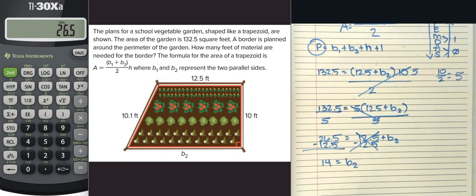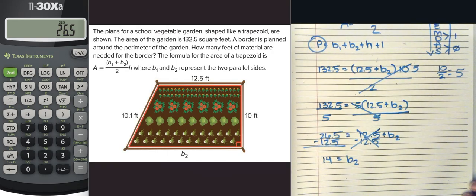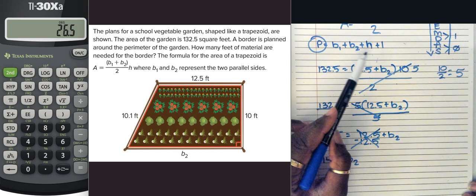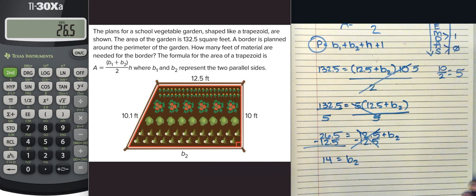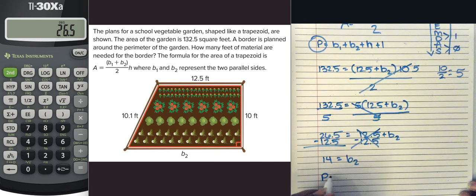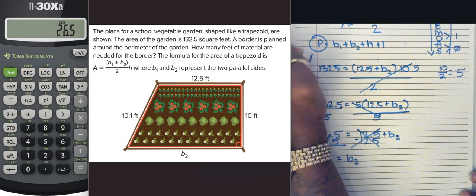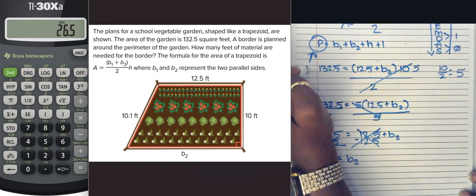Now, what is the answer in terms of how much material is needed? Remember, we're just looking for the perimeter. Now we have all the information to figure that out. The perimeter is going to provide us with the material that is needed.